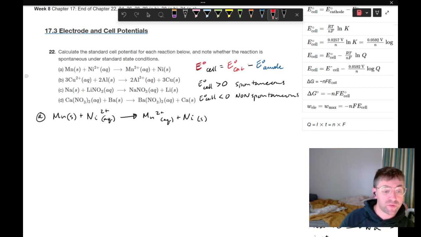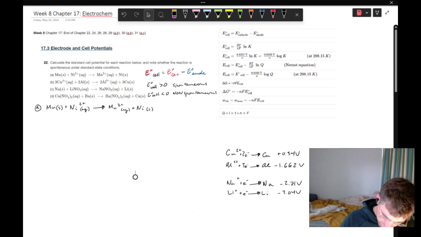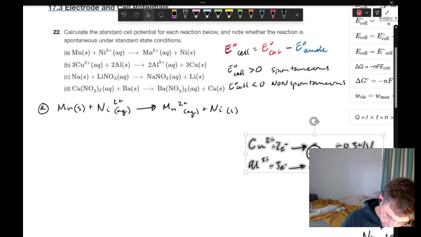So looking at these, we just have to decide which species is the site of reduction and which is the site of oxidation, which one's the cathode, which one's the anode, and write our equation that way. So I've already written our balanced equation here to just bring it down. We have our tabulated values here as well.